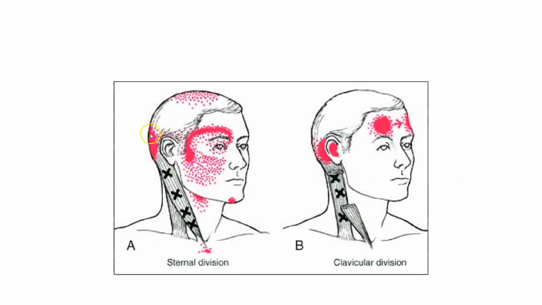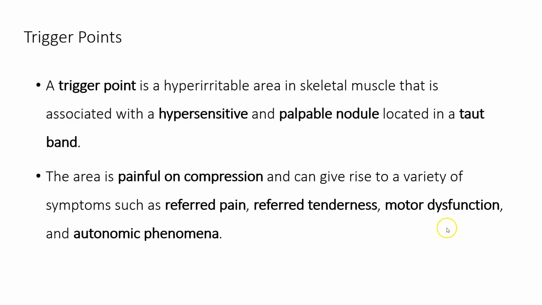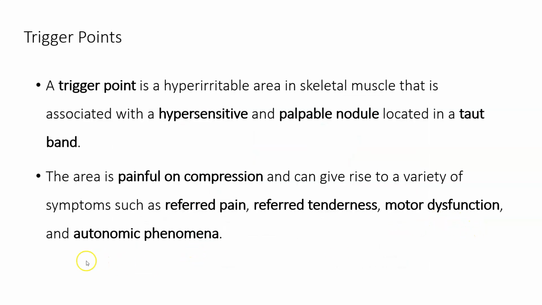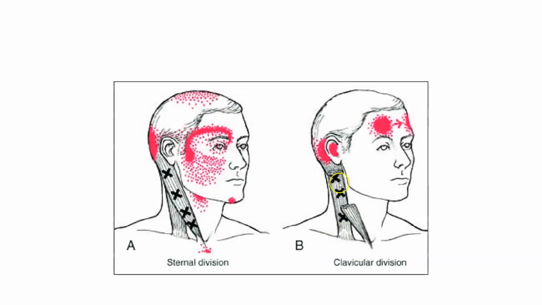Pain usually gets represented as a very intense color here, where tenderness is the stippling area. You can also get motor dysfunction, which means when you compress the muscle, it will twitch like crazy with minor contractions. And you can get autonomic phenomena such as sweating in the area or even goosebumps.